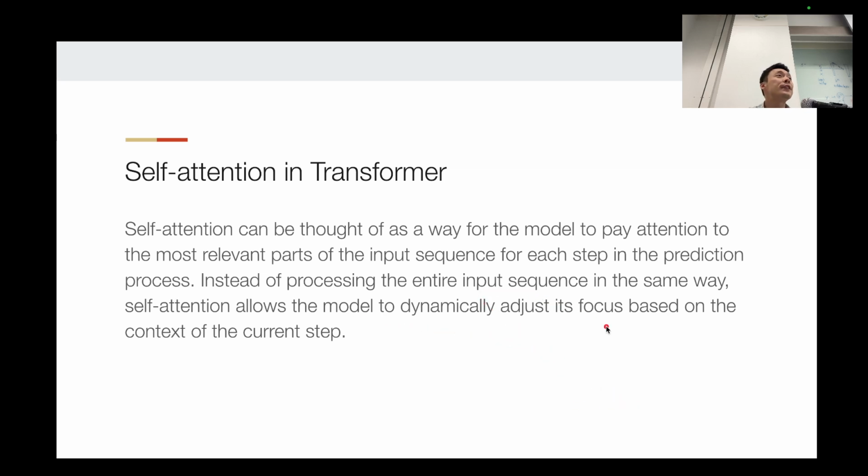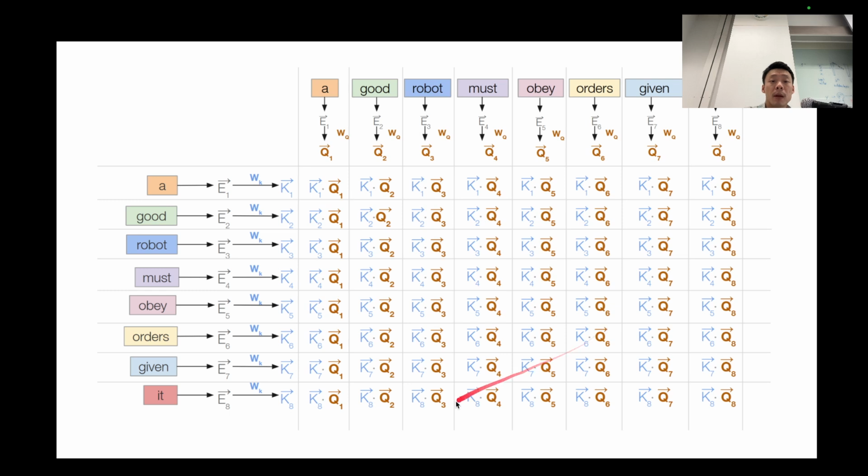So this is self-attention. You try to figure out how much attention it should pay to the words around itself. And this is what you end up doing, because you want to ask the same question for every pair. How much attention should this word pay to A, or good, or robot, or must, or obey, or orders, or given, or it?